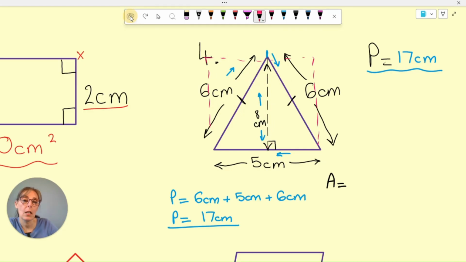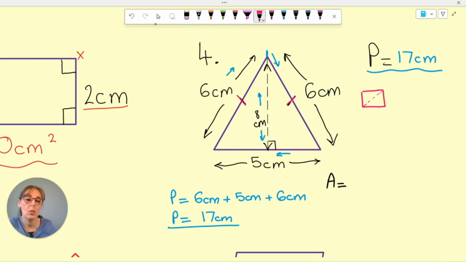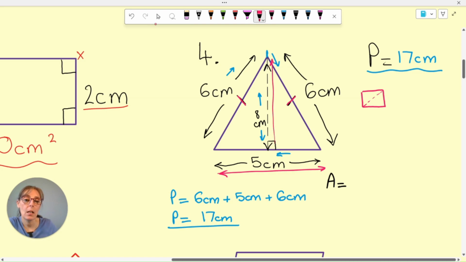We are only looking for, get rid of these little dashes, we're only looking for this triangle. It's an isosceles triangle because it's got these 2 lines here. So we know that the area of a triangle is actually half the area of a quadrilateral, like I said. So maybe if we work out the length times the perpendicular height, the height that meets at a right angle.